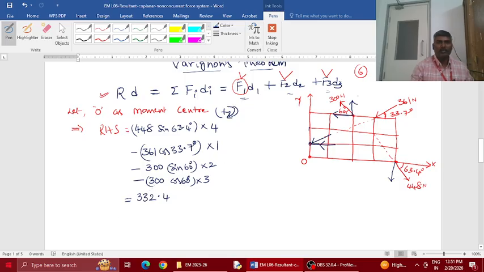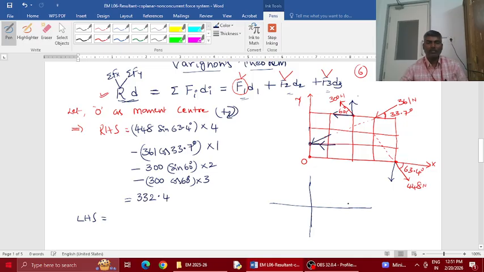Coming to the left hand side, that is the resultant, which is again two components, X component sigma Fx and sigma Fy. Now I'll write the moment from these two components. As you see, the resultant is falling into the third quadrant, so it is something like this.